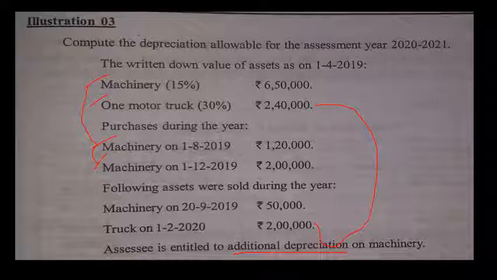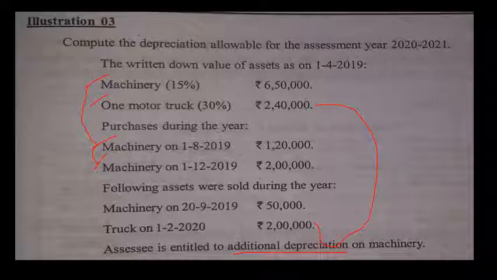So if any asset, especially in case of vehicles, if there was only one vehicle, and if it was sold in the previous year, then there will not be any calculation of depreciation. So again, the calculation is not as per the accounts. So here SSC was the owner of one motor truck in the beginning of the previous year.